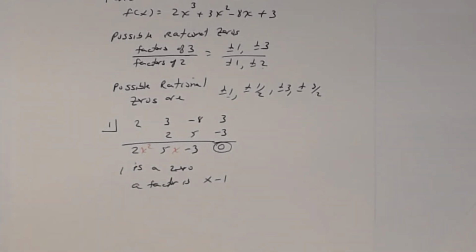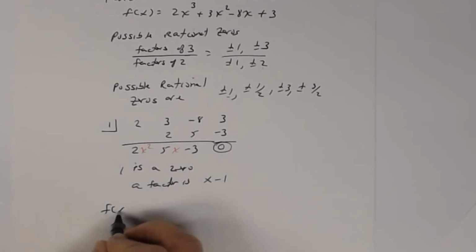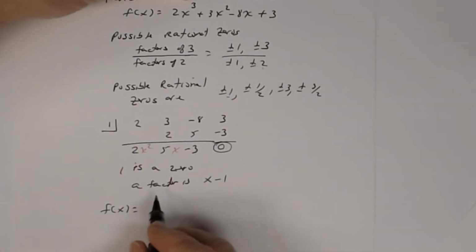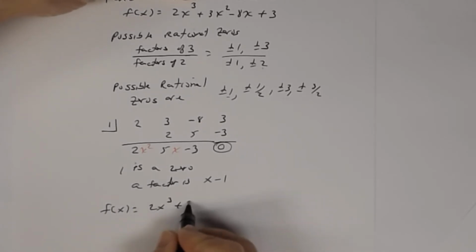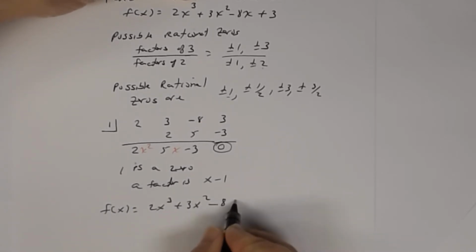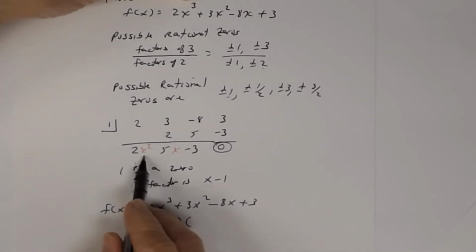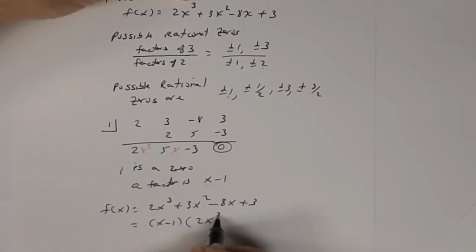That means that f of x, which is 2x cubed plus 3x squared minus 8x plus 3, can be factored as x minus 1 times this quadratic, 2x squared plus 5x minus 3.